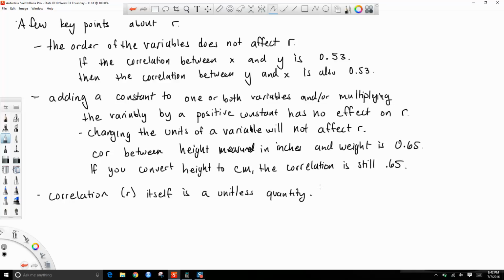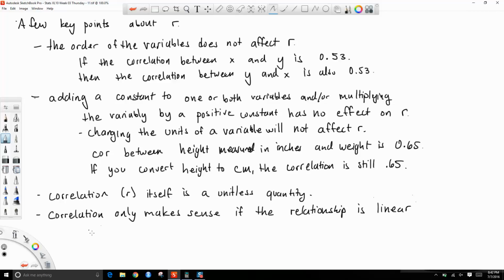And again, this is very key: the correlation can only make sense if the relationship is linear between two numeric variables.